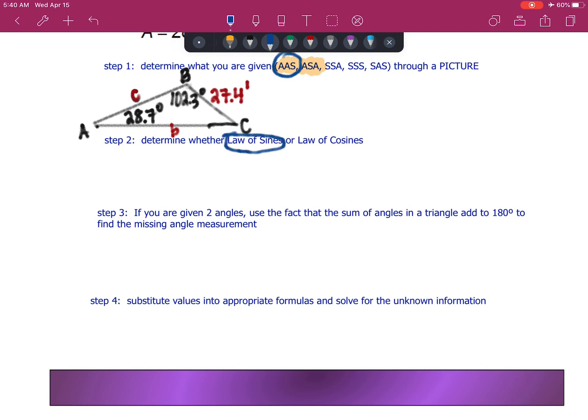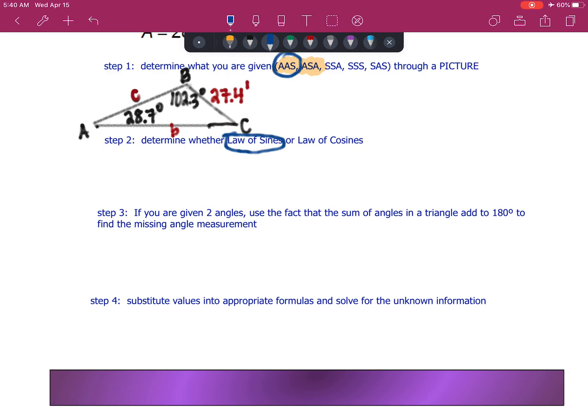So once you learn law of cosines, it's going to be really important: when do you use which? In these problems, we're just practicing with law of sines. Every triangle you get is going to be law of sines, but don't let that distract you from knowing that you have to understand when you use law of sines and when you don't. When we learn law of cosines, that's when they'll start getting mixed together.